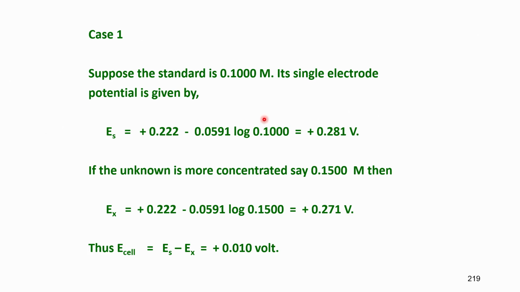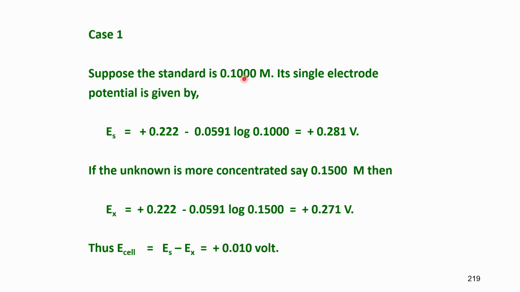Okay. So, 0.0591 log of 1 over 0.1. So, this gives me 0.281 volts. You can calculate this and find out for yourself what is the voltage.